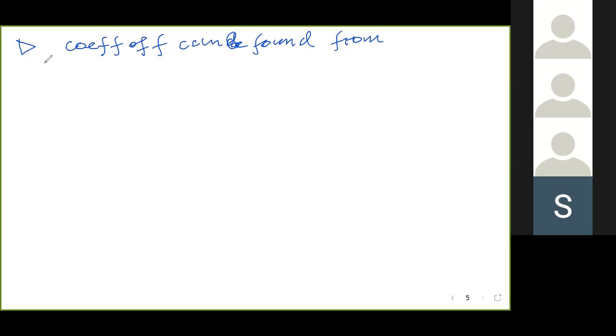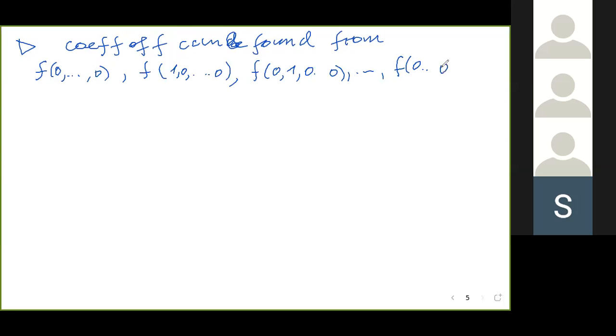For example, from its value in the all-zero vector and its value in basis vectors like 0, 1, 1, 0, 0, 0, 1, 0, 0, and so on. So we just need to find, with probability of error at most delta, all these values.